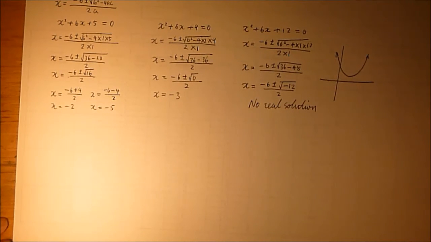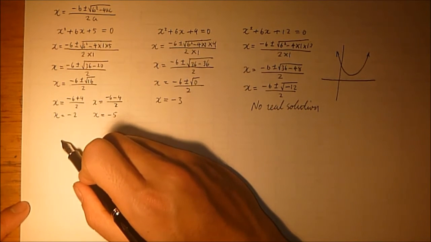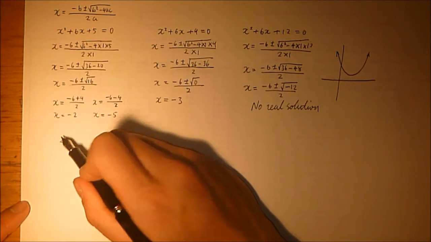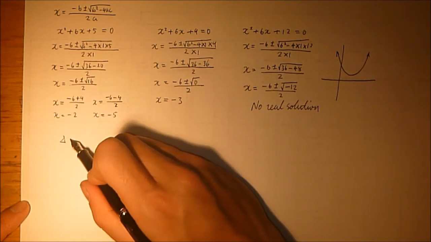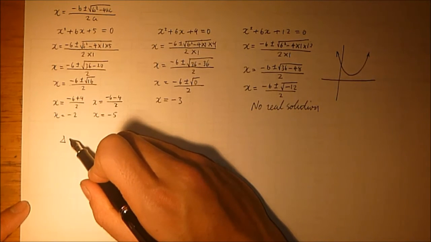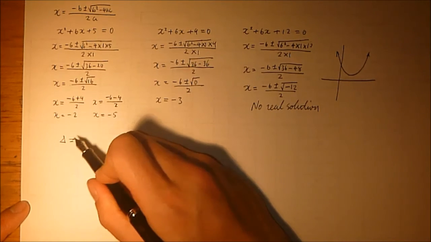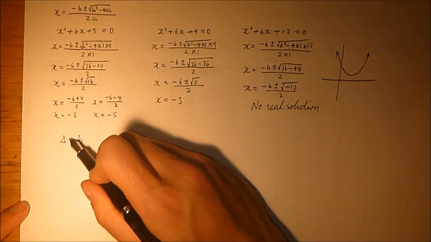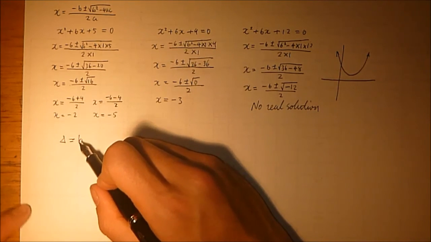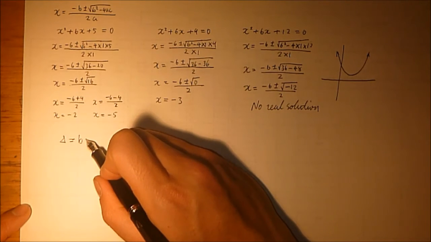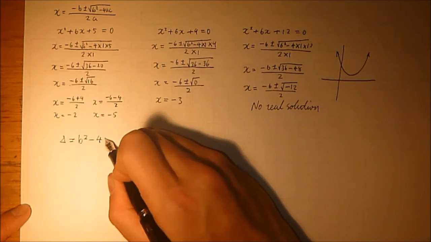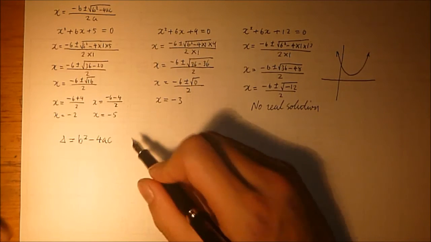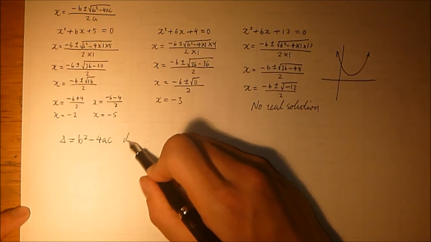And to summarize this, there is actually a name for this part of the quadratic formula, which is the discriminant, and it's usually represented by the uppercase delta: b squared minus 4ac. So this part is called the discriminant.